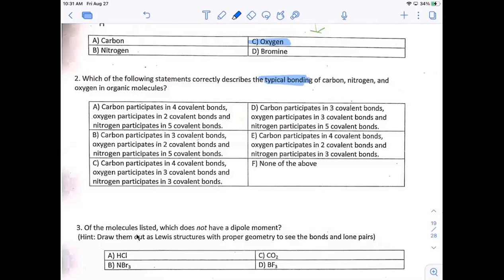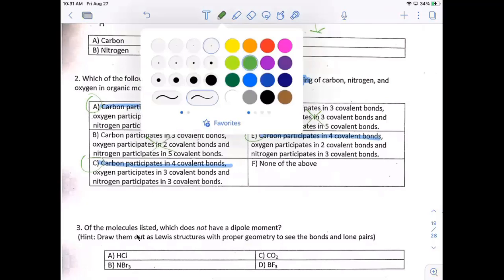How many bonds does carbon typically form? 4. So the answer is going to be either A, C, or E. Is that right? Because all of those have carbon participating in how many bonds? 4. So we can rule out B and D right away. Can't be that. Are y'all following the logic behind that?